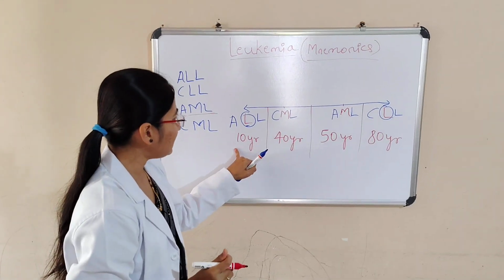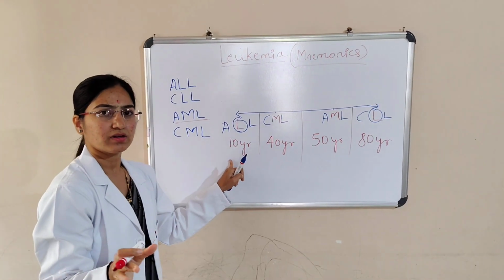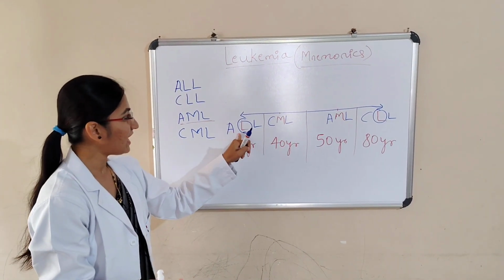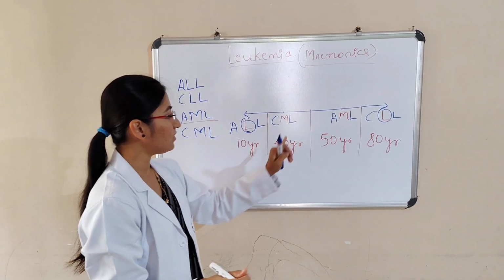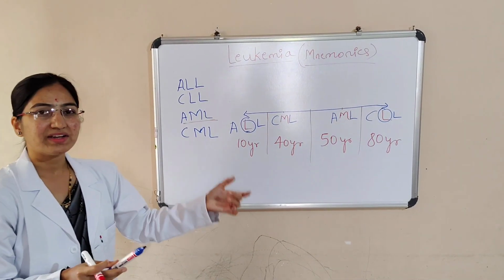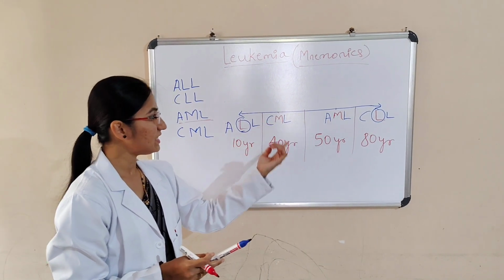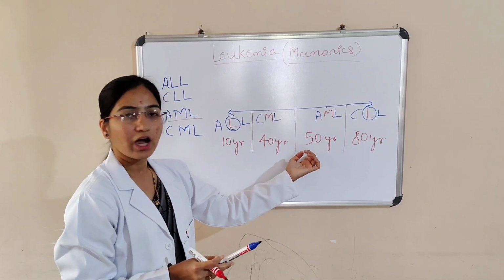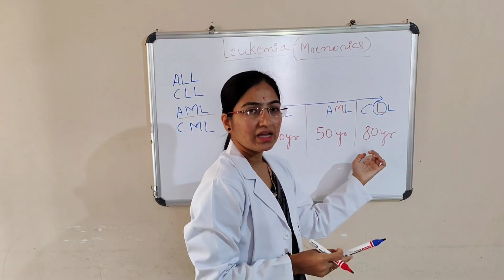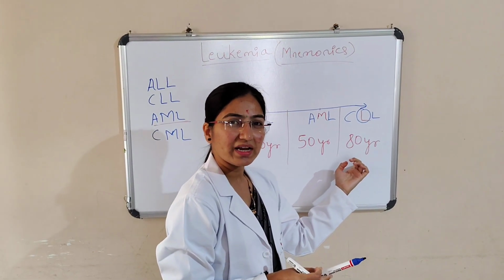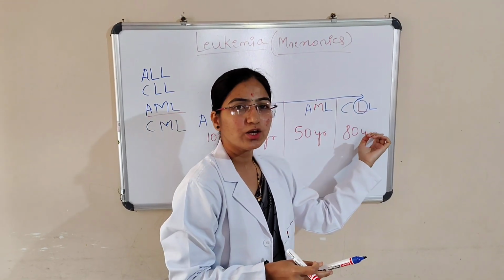Here 10 years, that is 2, 3, 4, any number, that is ALL. And then CML, that is up to 40 years. That may be 11, 12, 13. Up to 40 it is CML. After 40 up to 50 it is AML. And then after 50, from 70 to 80, it comes under CLL, chronic lymphoid leukemia.